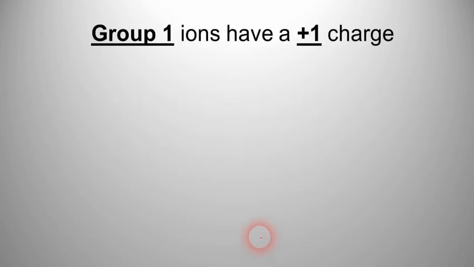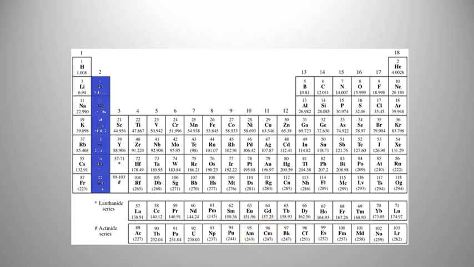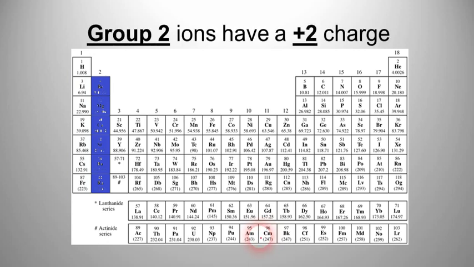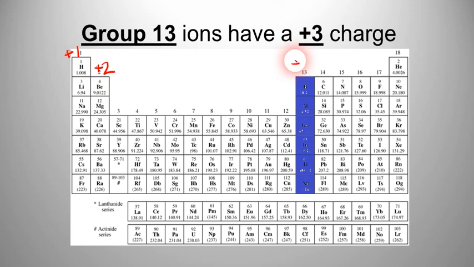If we look at the pattern, we can see that group 1 ions have a +1 charge. Group 2 ions have a +2 charge. So we see a little pattern emerging. Group 13 ions have a +3 charge. See the pattern emerging? +1, +2, +3.